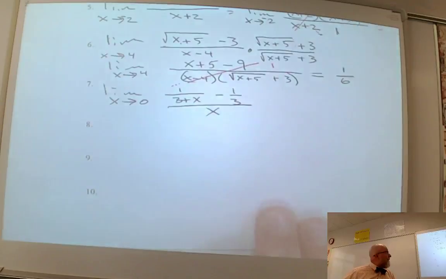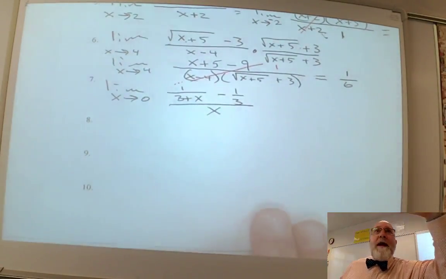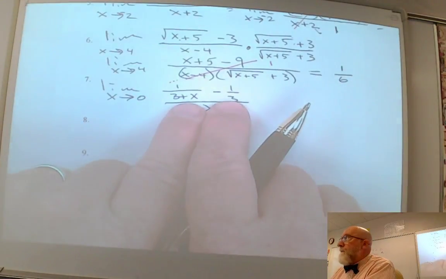It looks awful. Do you see the fractions? Do you see that it has no radicals? I'm going to make this into one fraction.